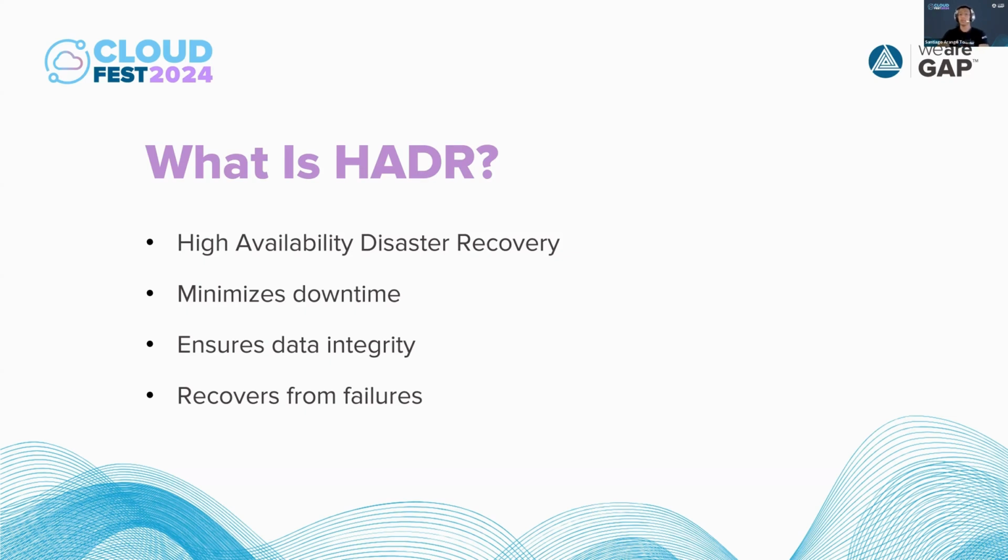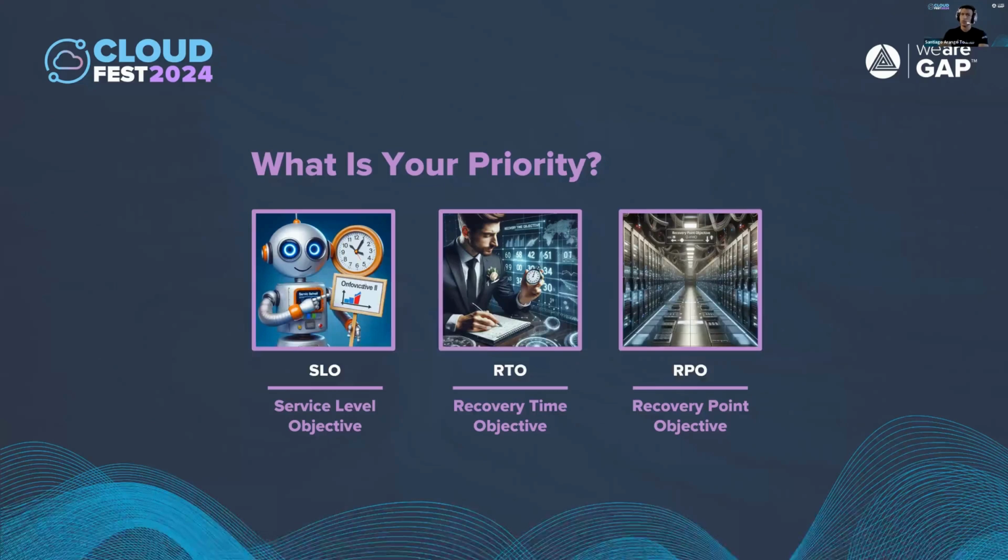Having a high availability system and a plan for disaster recovery also involves having a proper plan to ensure data integrity, and a proper plan to recover from failures. To achieve those things, you have to define initially what your priorities are. This is pretty important, because based on the type of business you are running and what you are trying to achieve with your high availability system, you might have different needs.